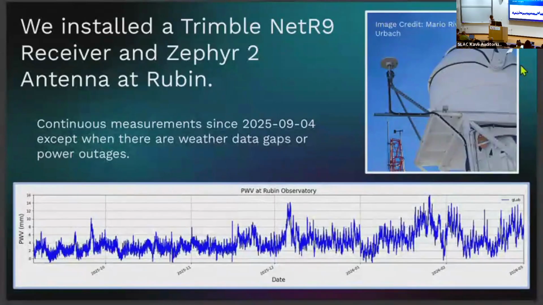And so on the bottom, I'm plotting here our estimates for the water vapor for the first 6 months. So we have kind of spring heading into summer. And you can see that the water vapor is getting more variable in summertime. And it may look like noise to you, but these spikes are actually just the daily variation in the water vapor, which we expect just from solar heating of the Earth's surface.